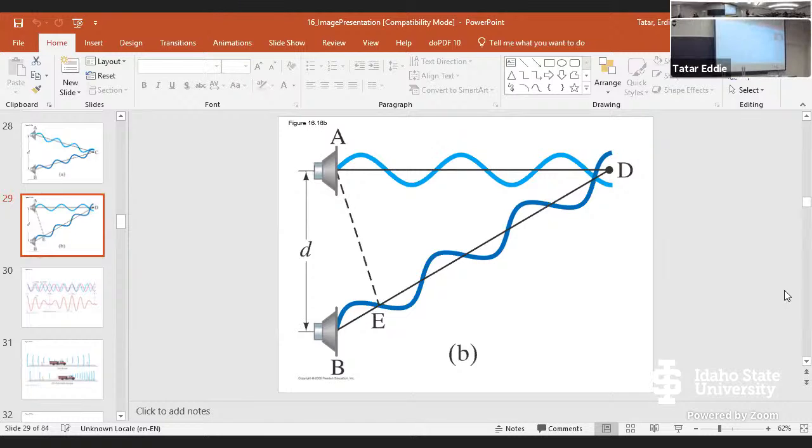And the phase difference between those speakers has to be constant. Those are the ideal conditions for interference. What would happen if the two sources emit wavelengths with slightly different frequency? Are you going to observe interference or not? Best guess.